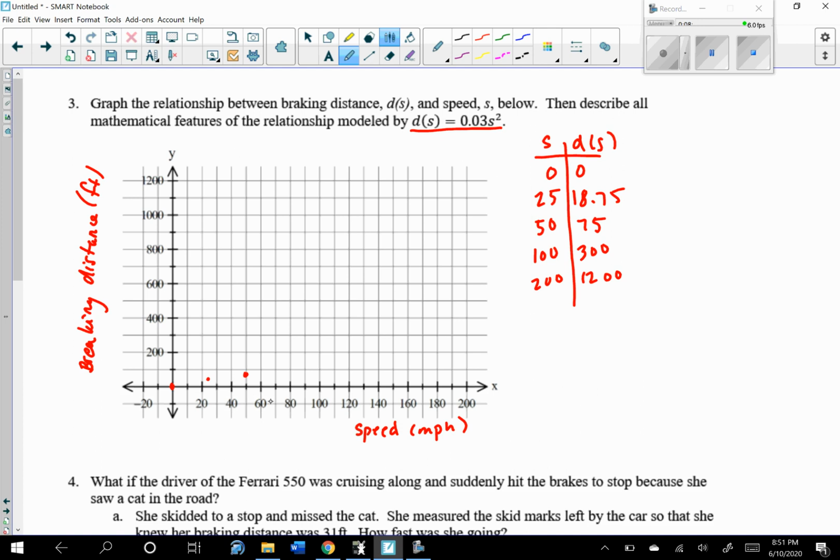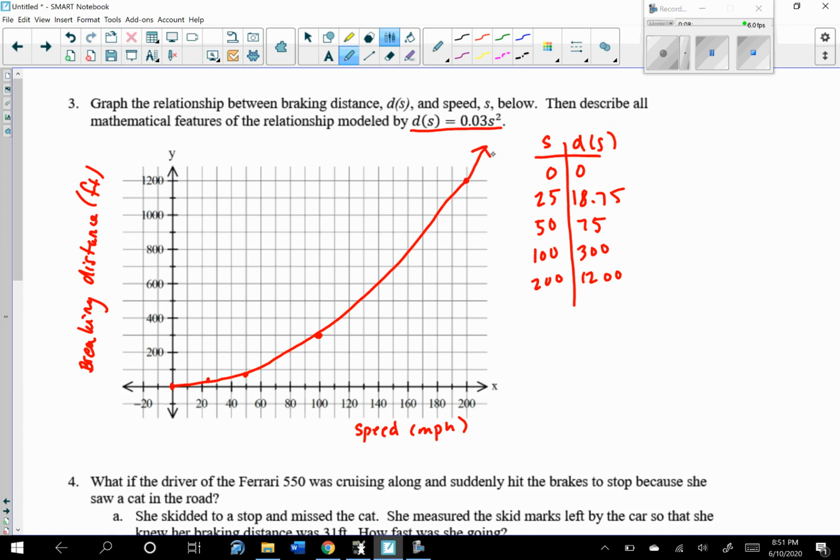And then we have 100 and 300. And 200 and 1,200. And so this is what our graph looks like.